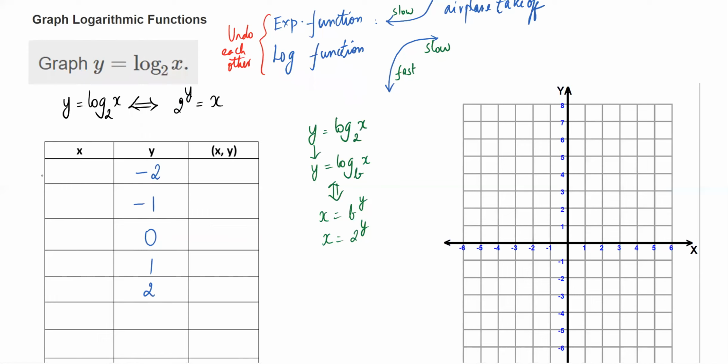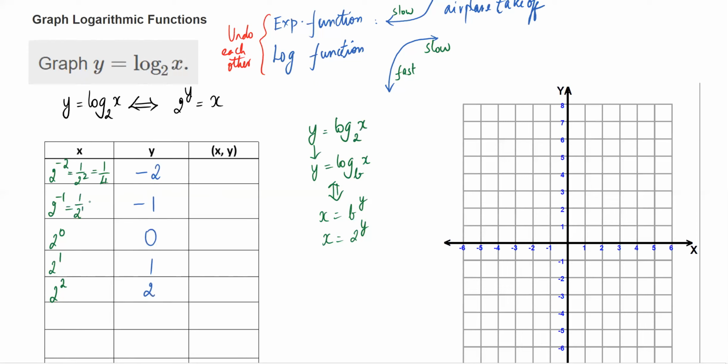So that will be 2 power negative 2 for the x, 2 power negative 1, 2 power 0, 2 power 1, 2 power 2. It's the exact opposite of what we did for exponential functions. So you have this similar setup under the y column there. That's a negative power, so flip the base, change the sign, 1 over 4.